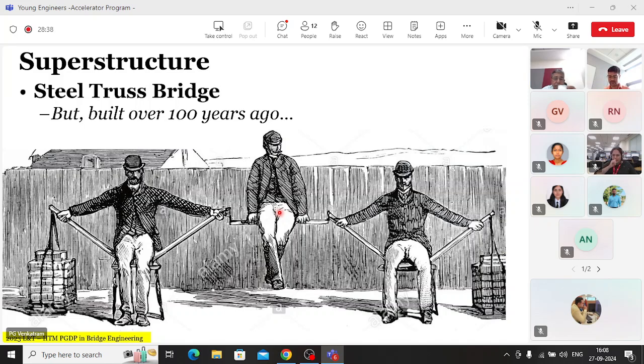Anything else? Think. The uplift in the side spans.